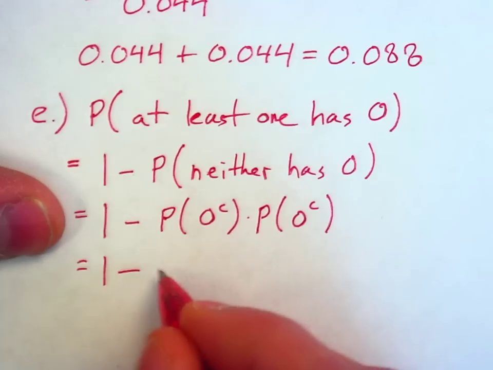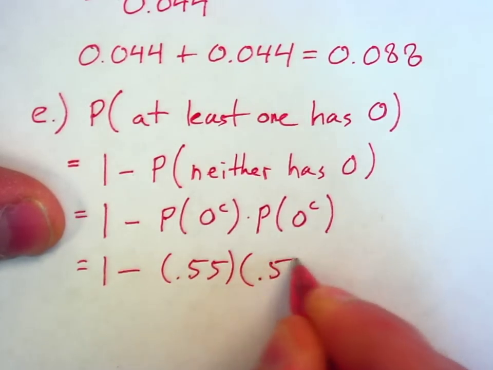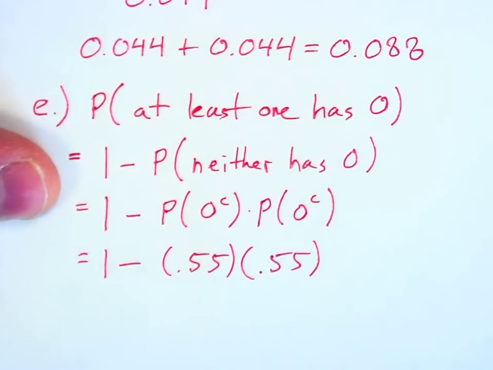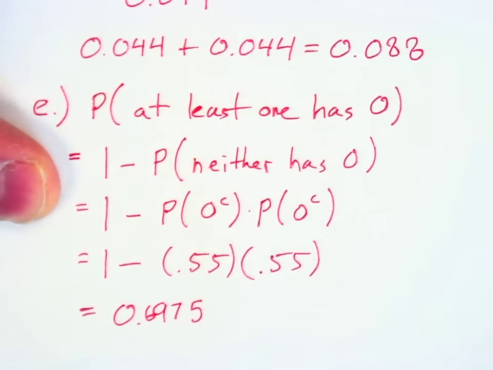So I could think of this as 1 minus 0.55 times 0.55. That is one way to approach this. That comes out to be 0.6975. There you go, 0.6975. So that's my take on question 6.101.